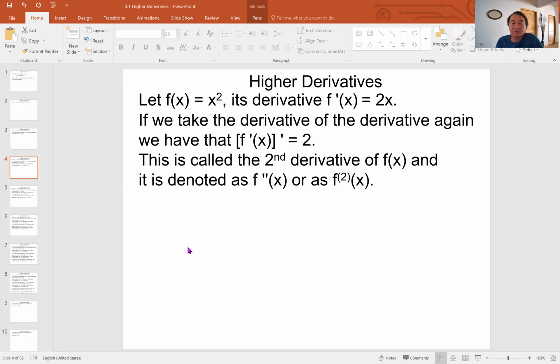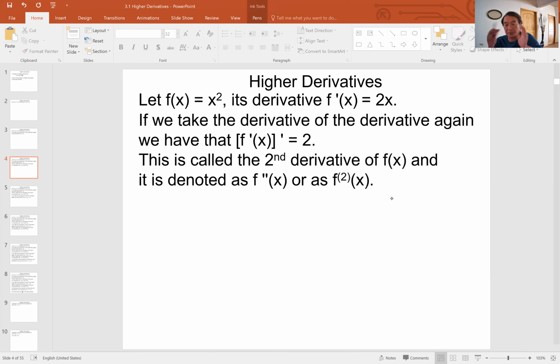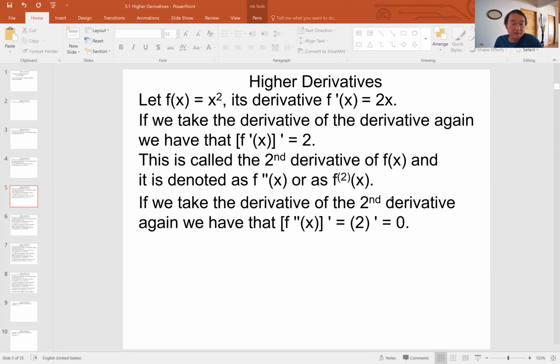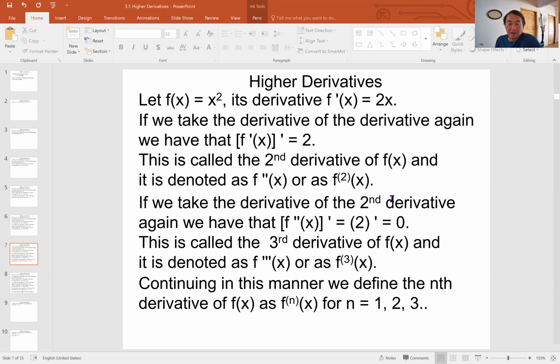The second derivative we write with a double prime, or we write it as a power with parentheses denoting the derivative. The second derivative is 2, and the third derivative is 0. The third derivative will be noted like this.